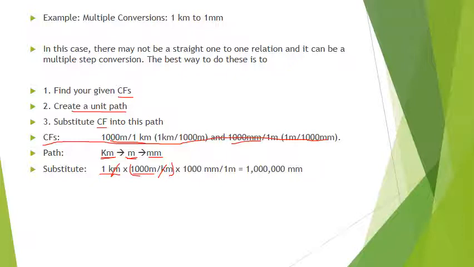And now I have to cancel out the meters. I'm going to use this conversion factor, this one here, because the meters are on the bottom and now cancel out with this. And my answer ends up with millimeters. And there's my answer.